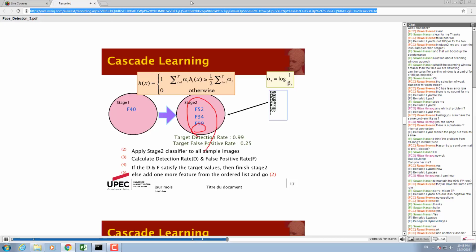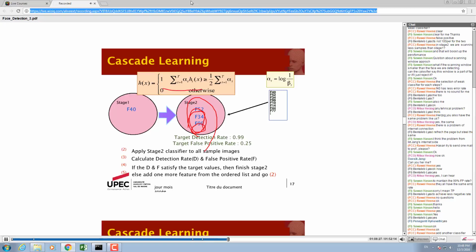We added one more weak classifier, F99. So now stage 2 has 3 weak classifiers, and it finally satisfies the false positive rate of 25%. Then stage 2 is done.